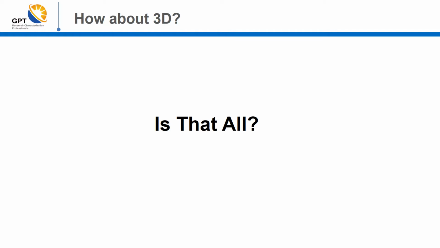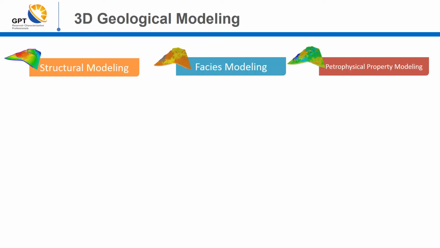But in a lot of cases, geologists would like to step forward and understand the property distribution in 3D. In that case, GES provides you with the geological modeling functionality. For geological modeling, we have to answer three questions. What's your structural model?